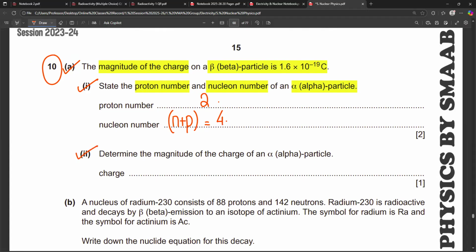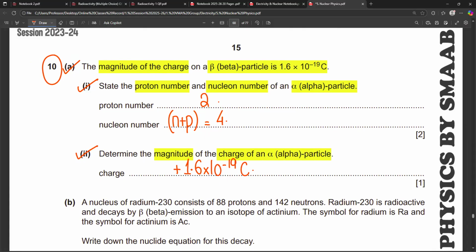Second part, determine the magnitude of the charge of an alpha particle. So what is the magnitude of the charge? We discussed it in the second last question: 1.6 times 10 to the power minus 19 coulombs.